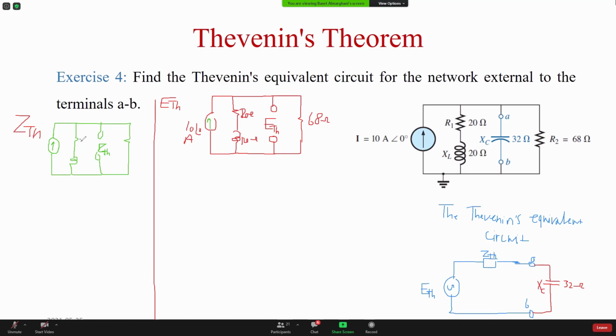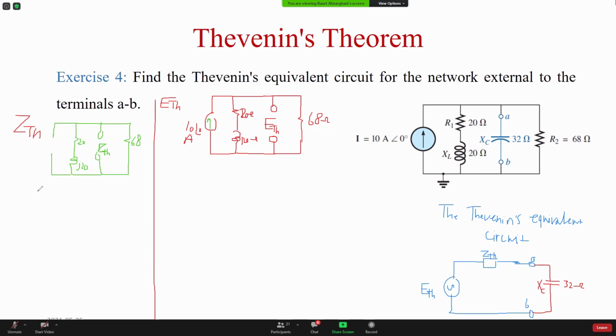So this is 20, 68. This is J20. When we find the impedance, we're going to remove the sources. This source is a current source, so we remove it and leave it open circuit. Now the open branch is not going to affect my analysis. This branch can be removed completely because there's nothing going through it: no voltage drop, no current. Infinite impedance.